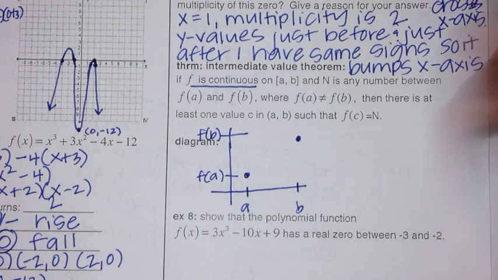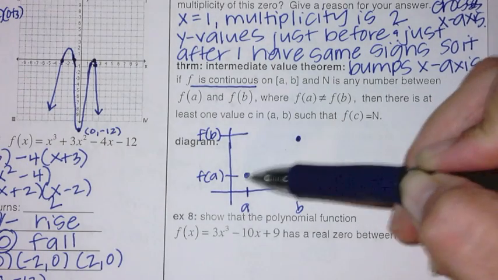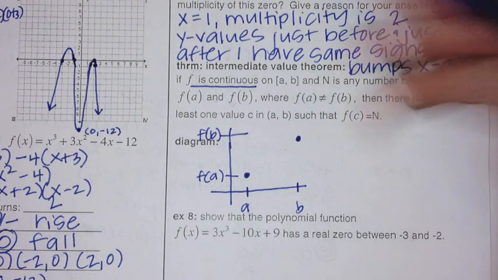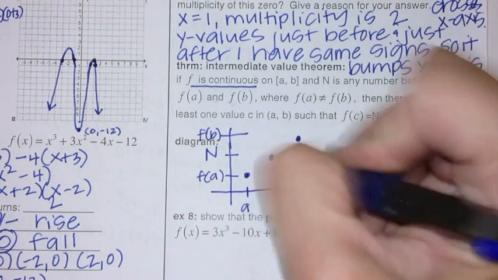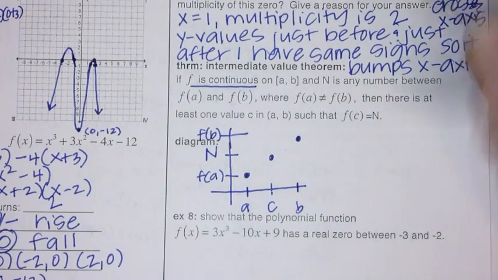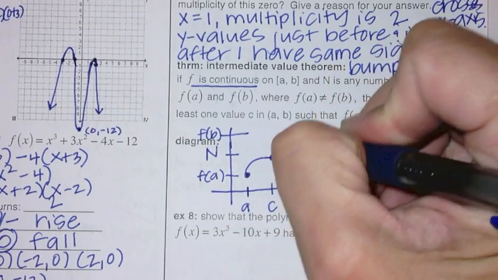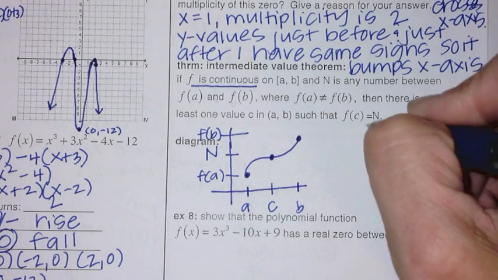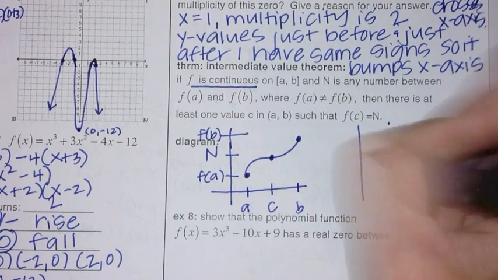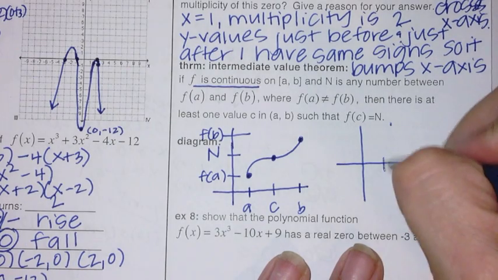All this theorem is saying is to go from a low f of a value to a higher f of b value, there had to be some number n where when you plugged in c, f of c is in between these. So the way that we like to use this is more along these lines. It makes it a little bit easier to understand.